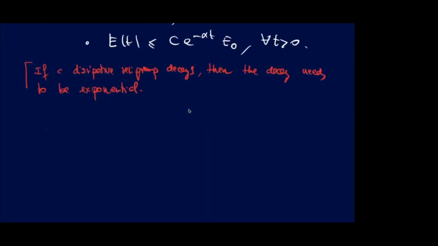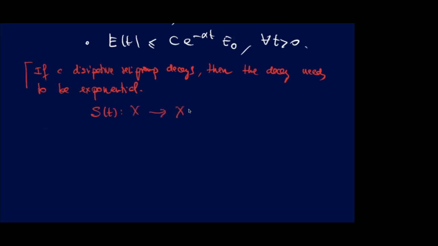So this is a very classical result on the classification of dissipative semigroups. I don't really remember who did that for the first time, but certainly the pioneers of the extension of the dissipative wave equations from finite to infinite dimensions were very much involved in this.